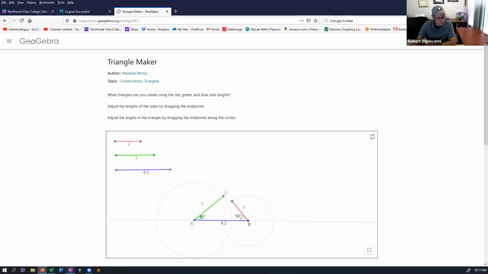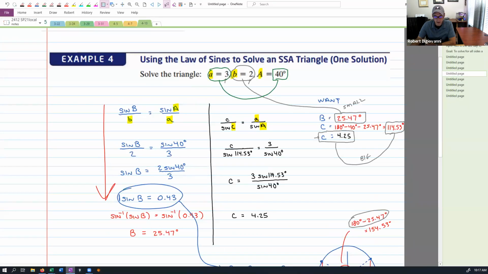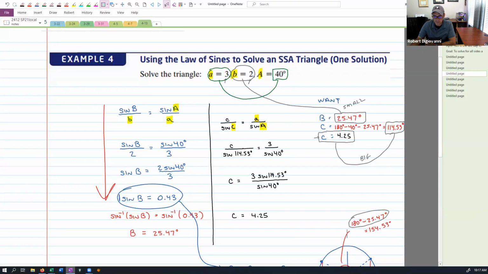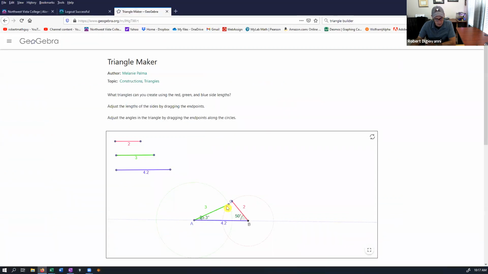Angle A was 25.4. I'm sorry, I've got this all wrong. Angle A was 40. What am I doing wrong here? Oh, A was 3 and B was 2. I got these backwards. A was 3, B was 2.